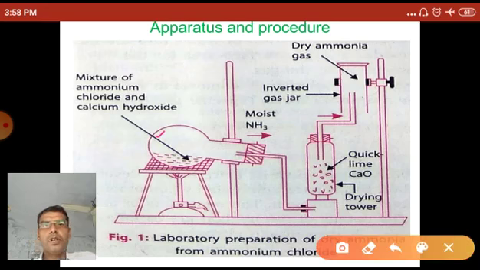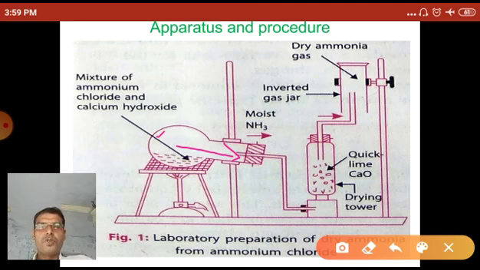So first take the ammonium chloride and calcium hydroxide in the round bottom flask, and keep that flask in an inclined position, so that during the reaction, after heating, when the reaction starts, the moisture or water that forms does not trickle back into the hot flask and cause it to break.